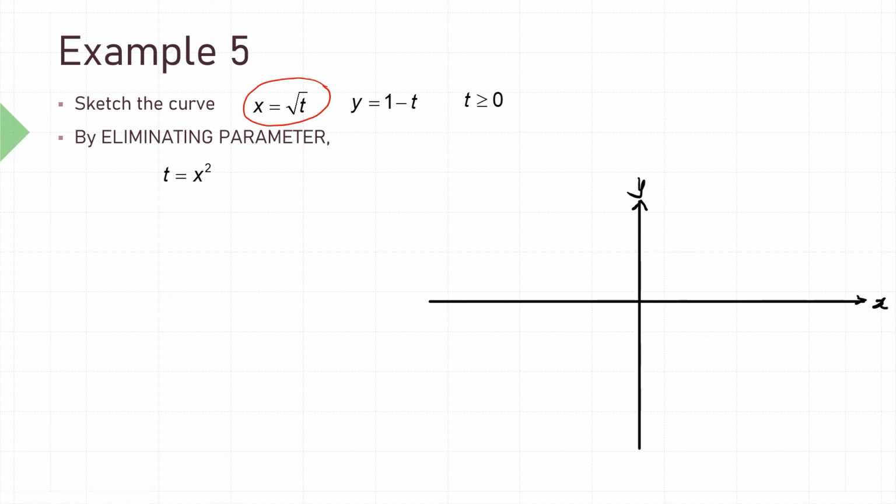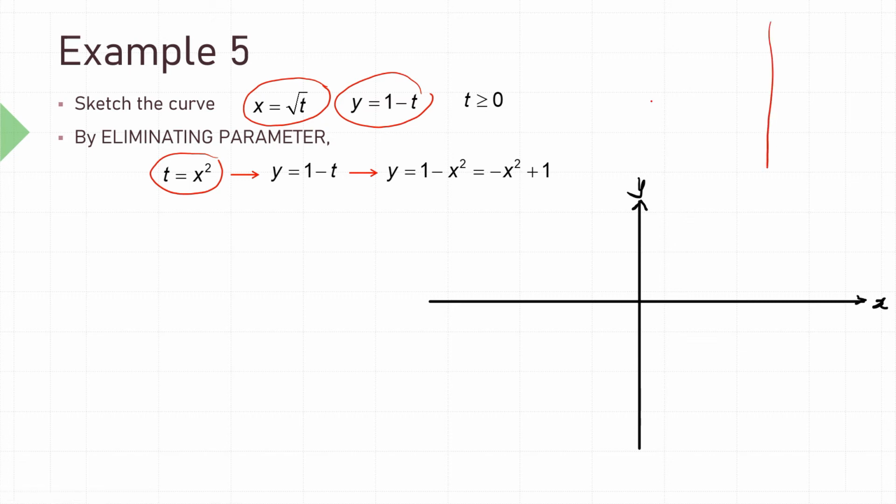When we have t equal to x squared, we can substitute t with x squared inside y equal to 1 minus t. So we have 1 minus x squared, or -x squared plus 1. We know the graph of -x squared is something like this. So this is y equal to -x squared, but it is shifted upward by 1 unit, because we add 1 here. So that means we have this graph.